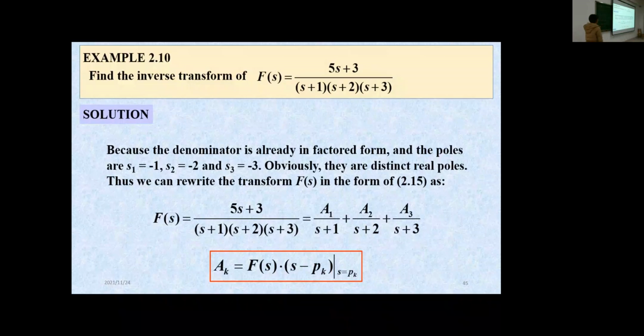So can you quickly work out the values of A1, A2, A3? As long as the process I'm writing is right, you can get the right answers.